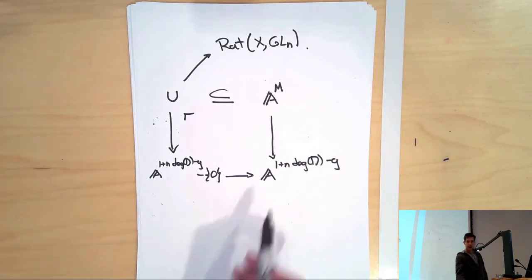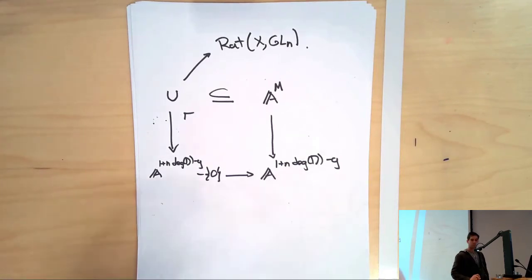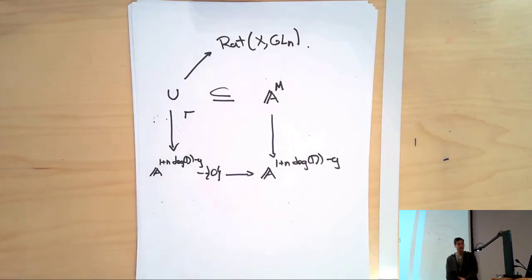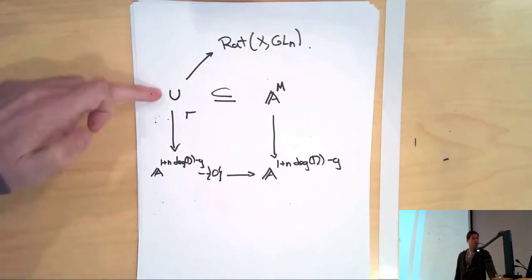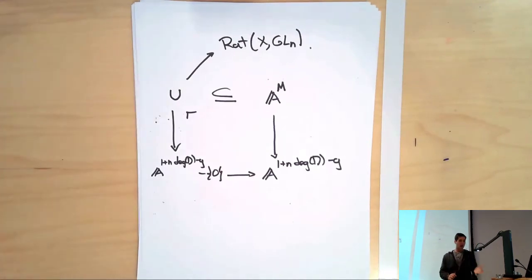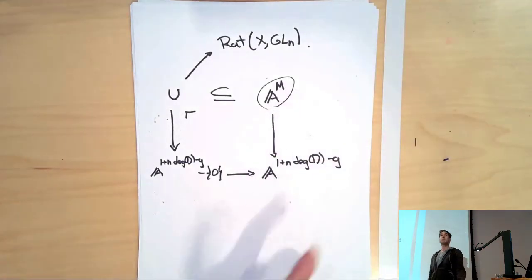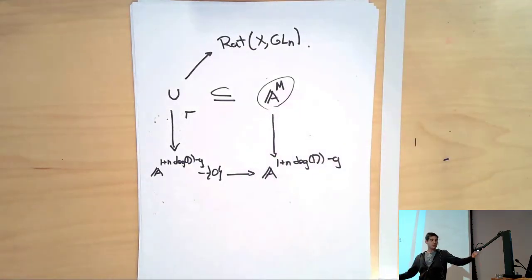You've taken an affine space of some large dimension and you've removed the origin. So if this map is generic, you would expect U to be the complement of a subvariety of this affine space whose codimension is 1 plus n times the degree of D minus g. In other words, it's something that grows linearly with the degree of the divisor D.